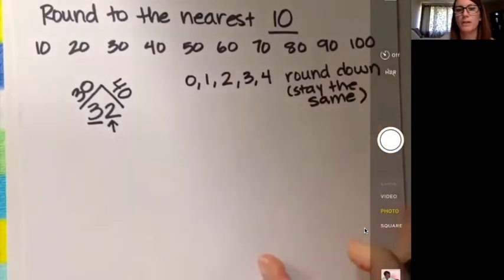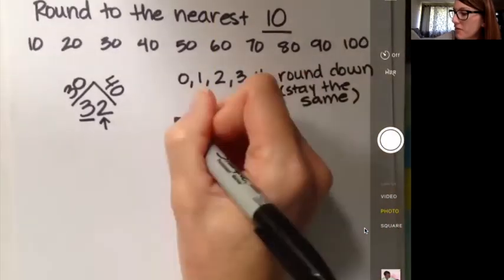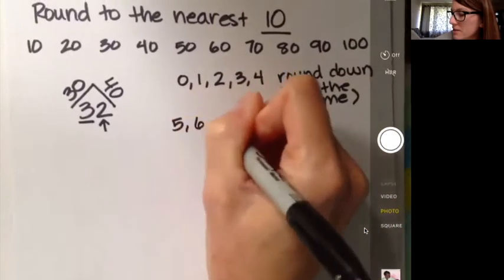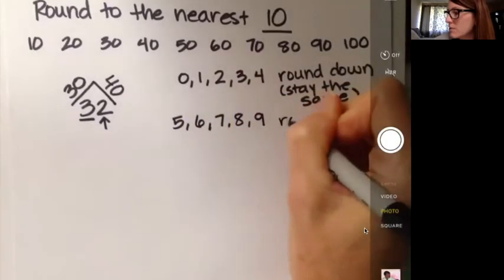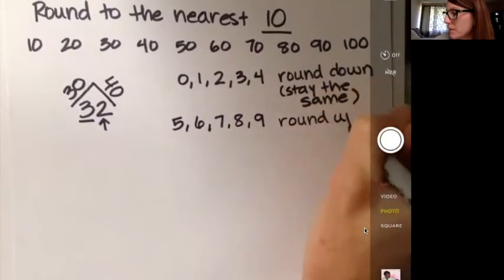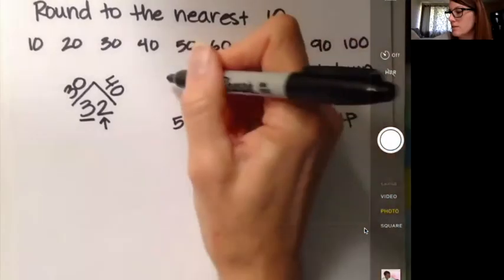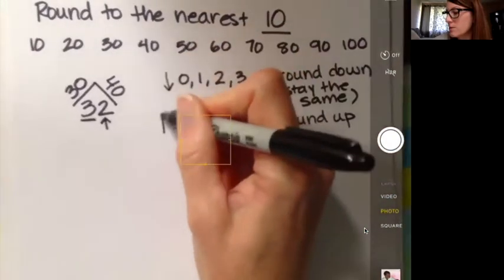Okay. The numbers 5, 6, 7, 8, and 9 all round up. Okay. So these ones round down, these ones round up.